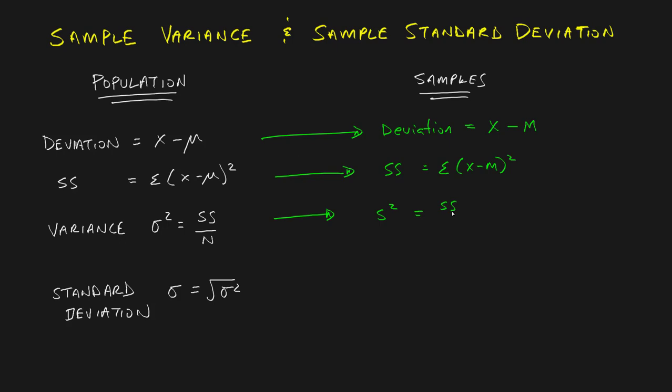It's still the sum of squares at the numerator, the top of the fraction, but the denominator is not what you would expect. I would expect it to just be the sample size instead of the population size, but it's a bit different. It's the sample size minus 1.